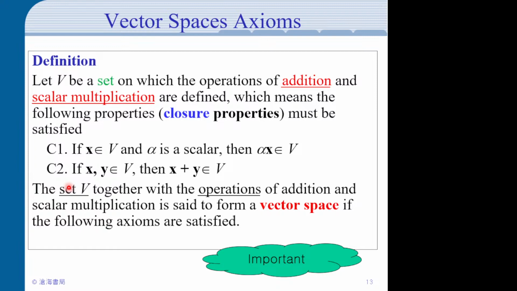Then we can abstract this into a very abstract definition of vector space. A vector space is just a set, of any size, infinite or even finite, but together with two operations. You need to define an addition operation, which takes two elements of the set and gives you something else, and a scalar multiplication.